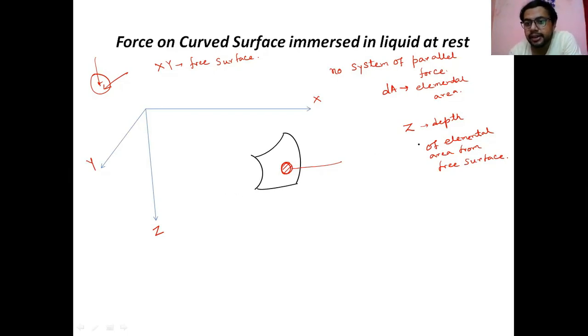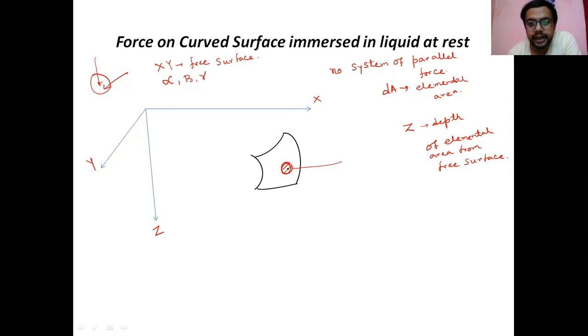Now this elemental area makes an angle with the x-axis, alpha, with the y-axis, beta, and with the z-axis, gamma. This is the case.